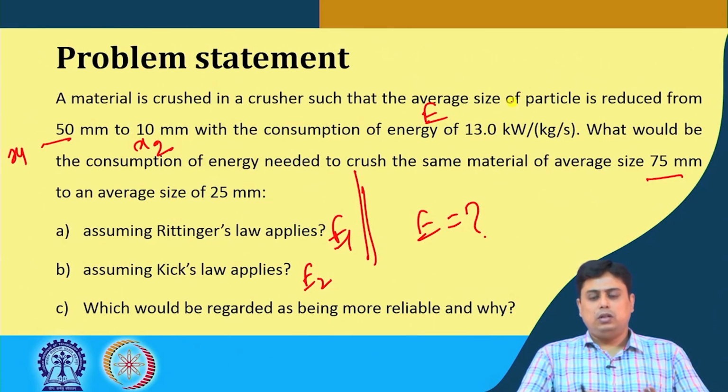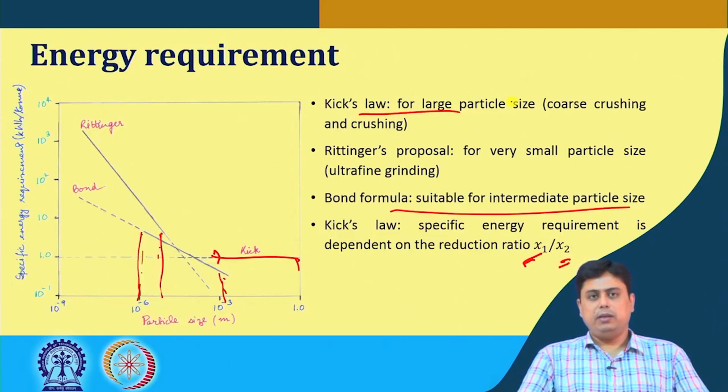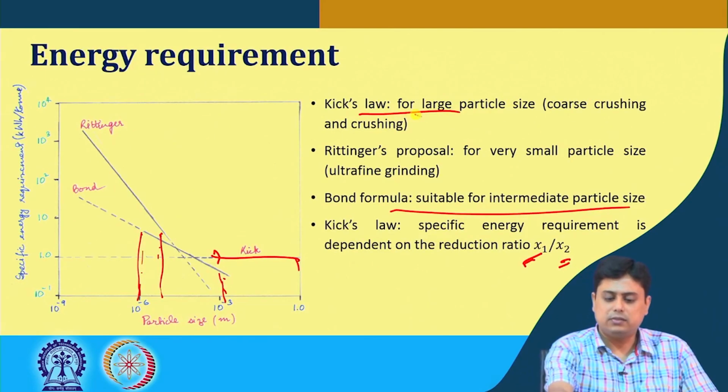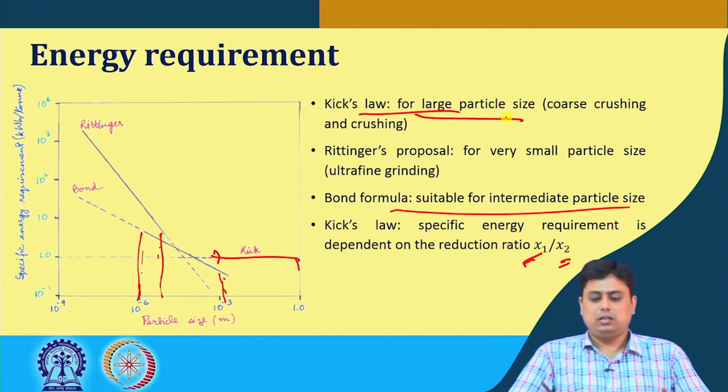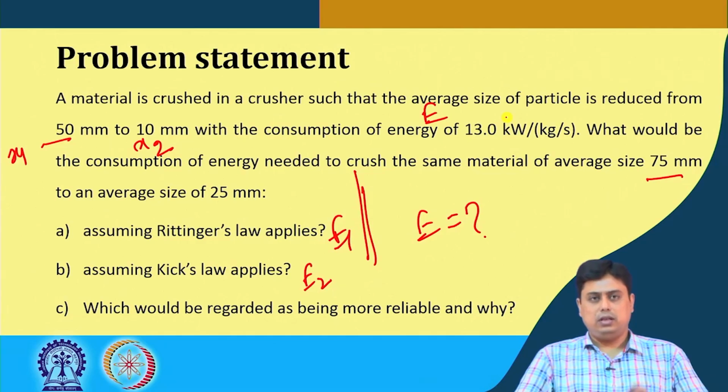In the last slide before this problem, we mentioned the validity: Kick's law for large particle size or coarser crushing, and Rittinger's law for ultra fine grinding. Now, here the size range, is it ultra fine, or finer, or is it coarser?